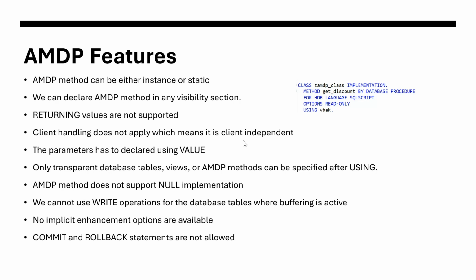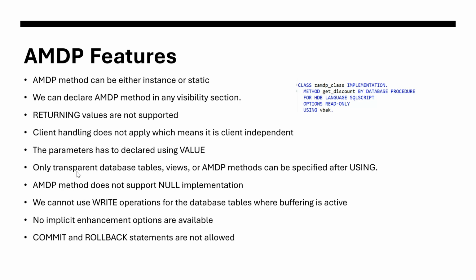So we have to be very careful when creating an AMDP. We are maintaining the client field in the definition of a method. The parameter has to be declared using value. This we have seen. If you observe, we got one error while implementing, like we cannot use the reference.